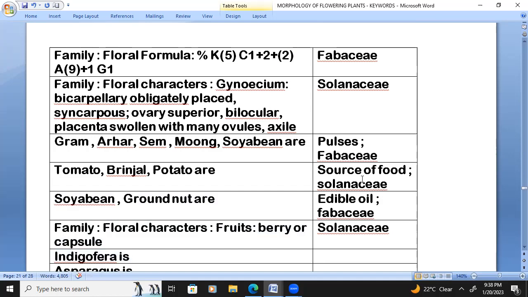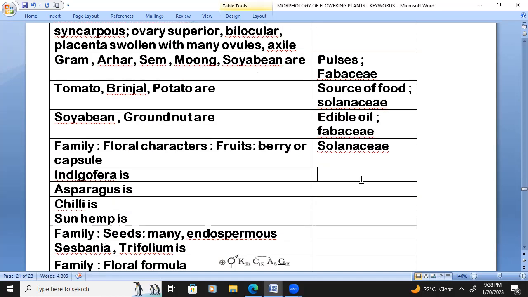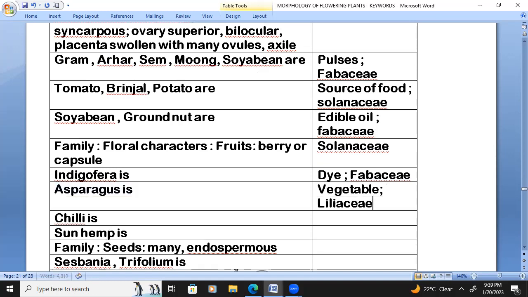Indigofera is helpful to produce dye, Fabaceae. Asparagus is a vegetable, it belongs to Liliaceae. Chilli is a spice, belongs to Solanaceae.